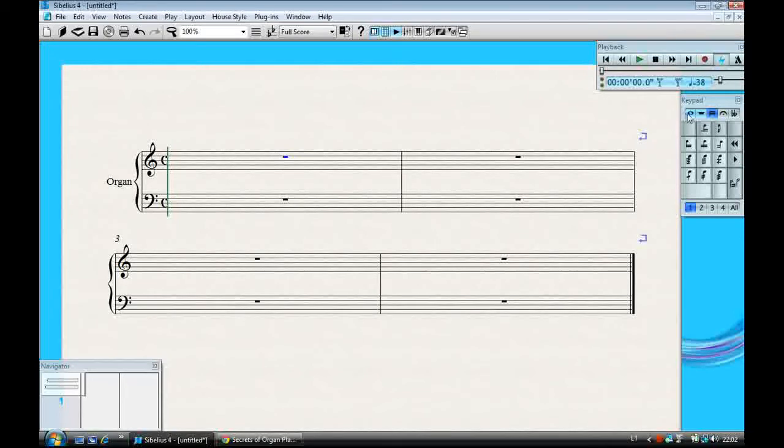Okay, let's add some rhythms in the right hand part as our demonstration, like that.